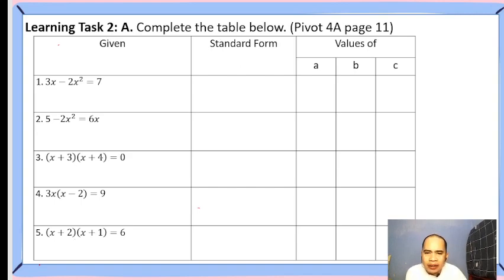Paano siya sinusulat? So, it is written again in ax squared plus bx plus c equals to 0. So, tandaan ulit, a is greater than 0 and a is not equal to 0.